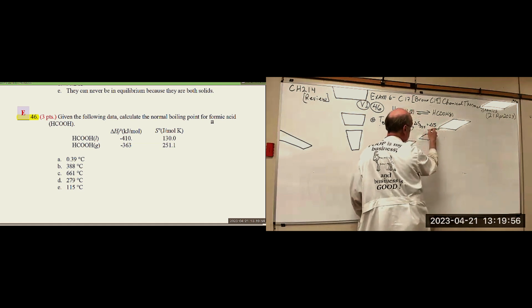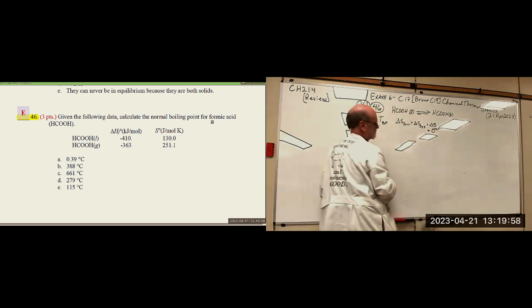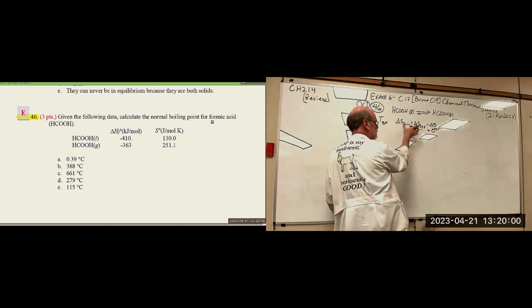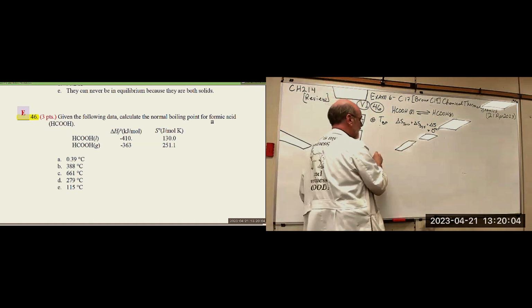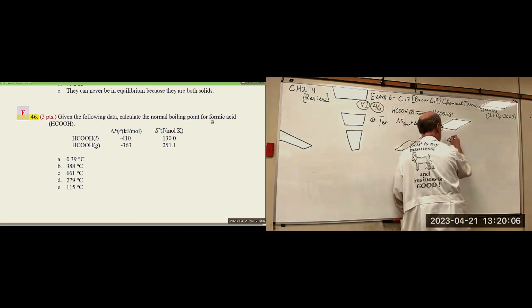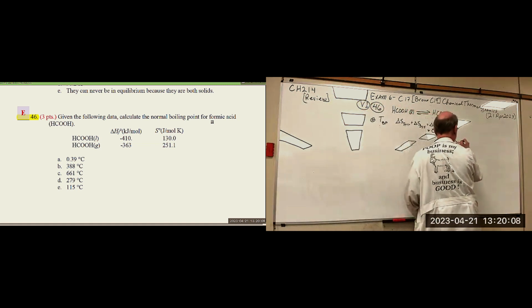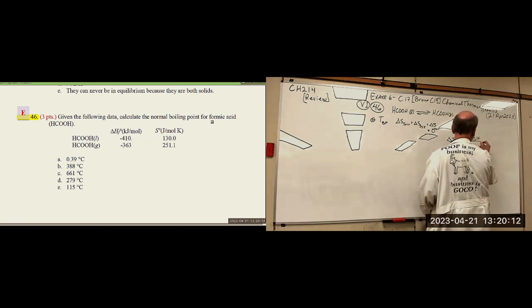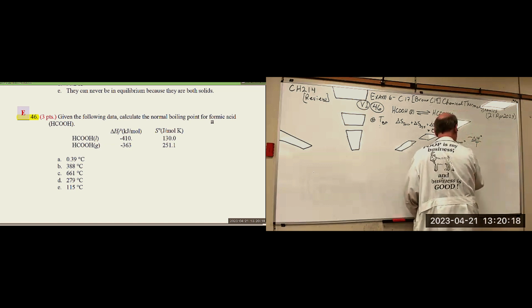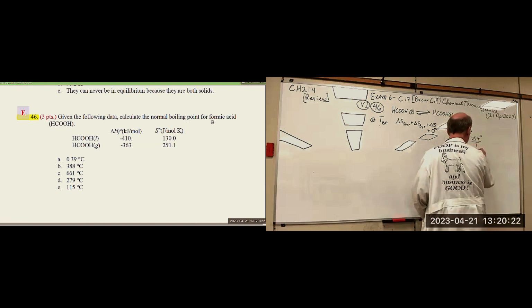And at equilibrium, this value is 0. So these are equal in magnitude, but opposite in sign. And we know that surroundings equals negative delta H over T. So that means delta S system at the boiling point is delta H over T.